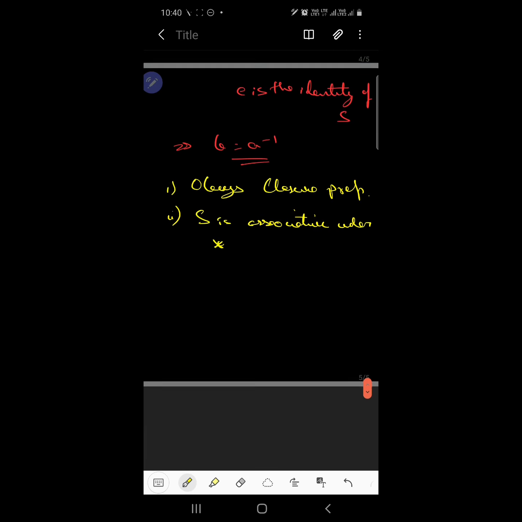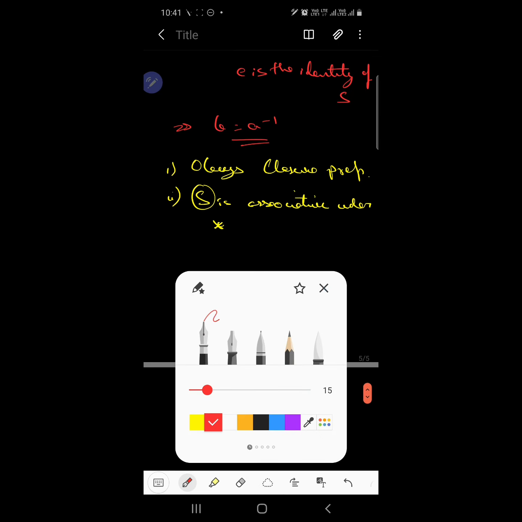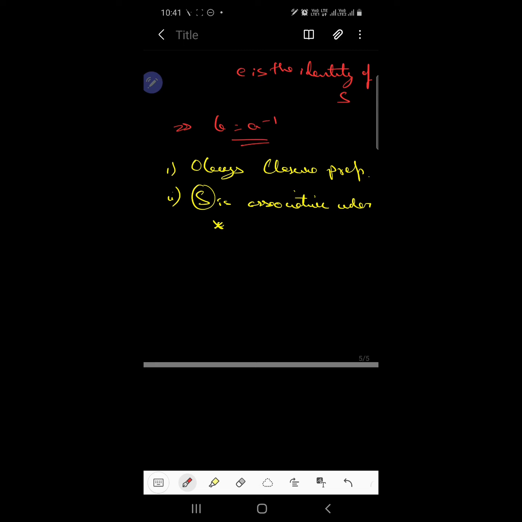Let's see. G is a set and S is a subset of G. So whatever the elements are there in S, those elements are also there in G, and when those elements undergo associativity under the binary operation star, they will also be associative when they belong to S. Maybe I sound a bit confusing, so let us check it like this.